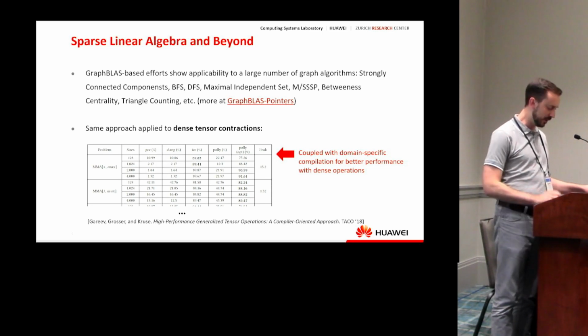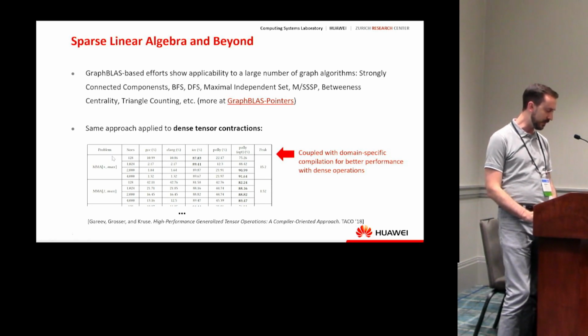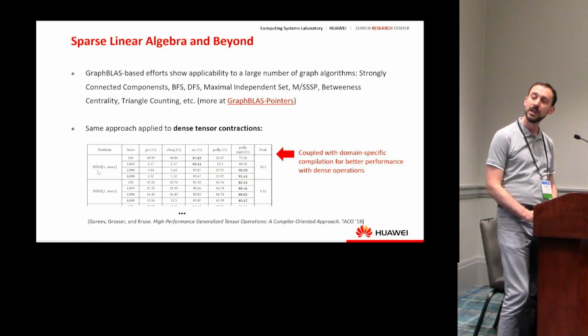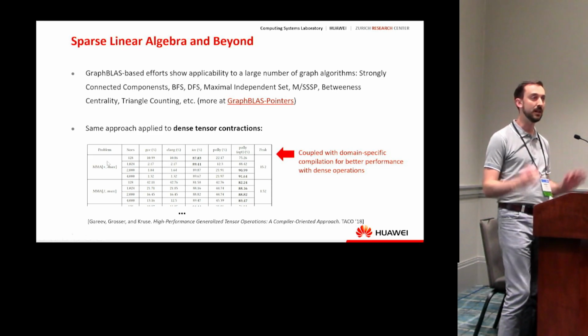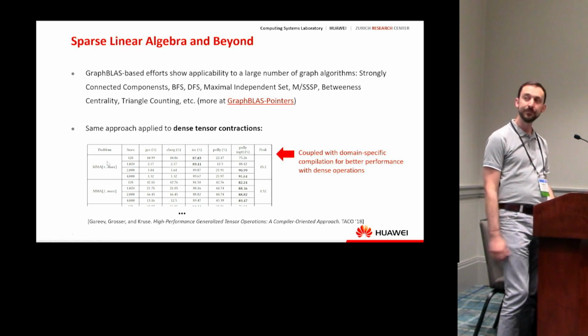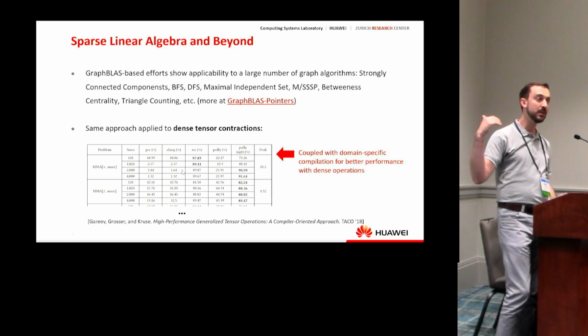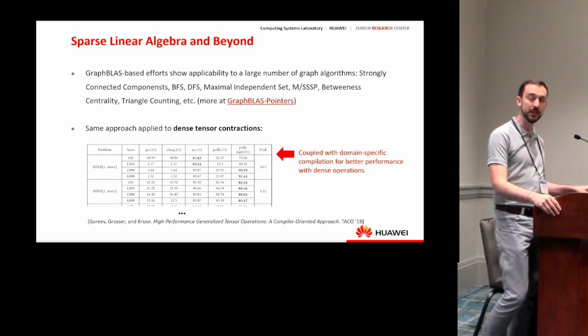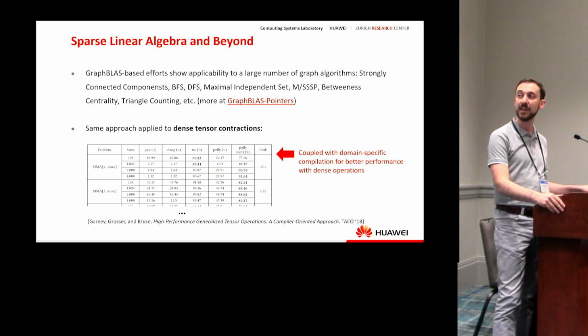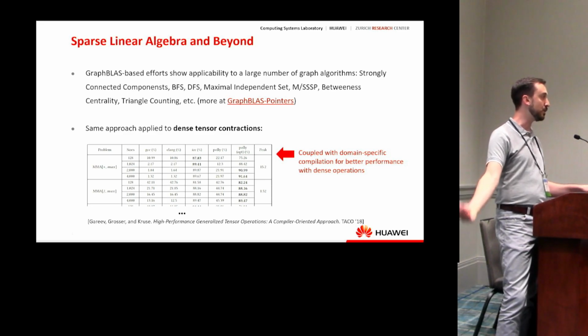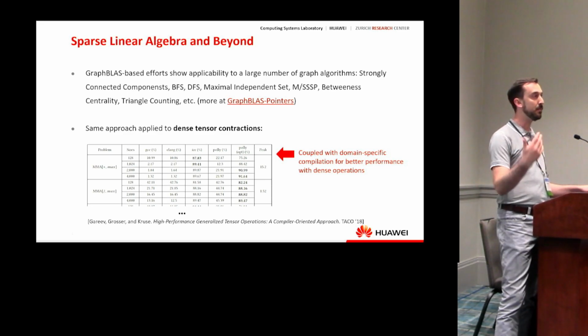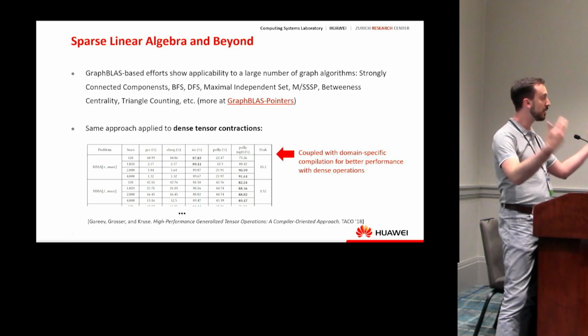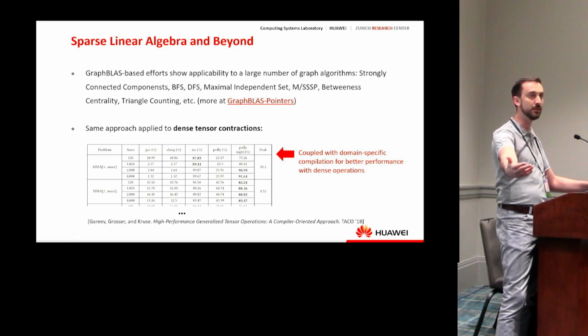Maybe the table is a little bit small, but basically this column shows the concept of semi-ring applied in the tensor contraction, okay? And in this work, the algebraic programming logic was leveraged by compiler techniques, okay? So you could use it to basically plug different semi-rings within the same compilation strategy for tensor contraction.